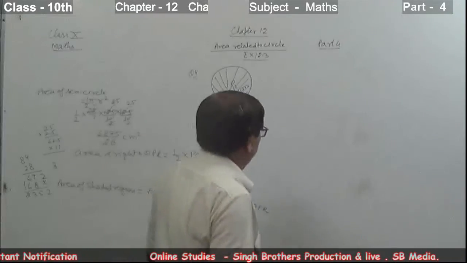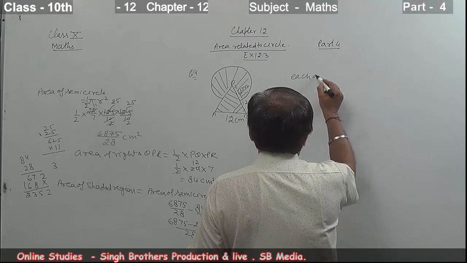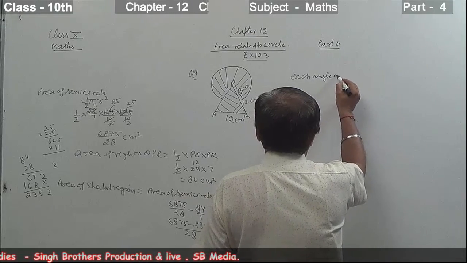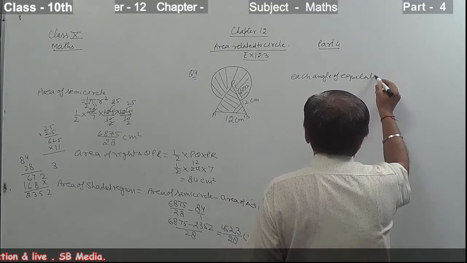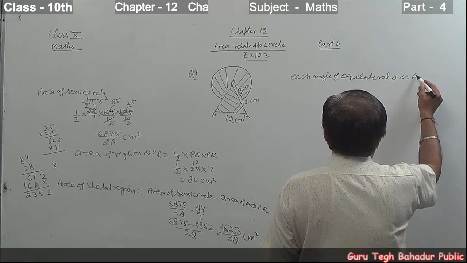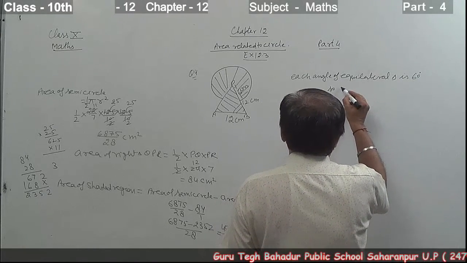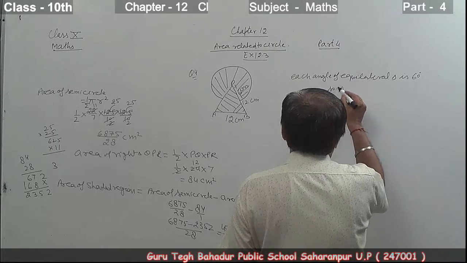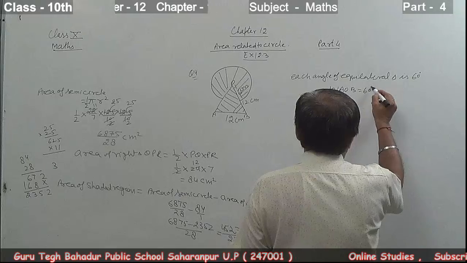So how to find it? Each angle of an equilateral triangle is 60 degree. So angle AOB is 60 degree.